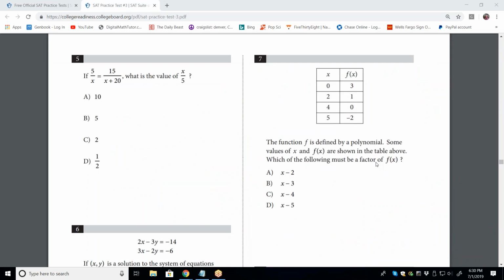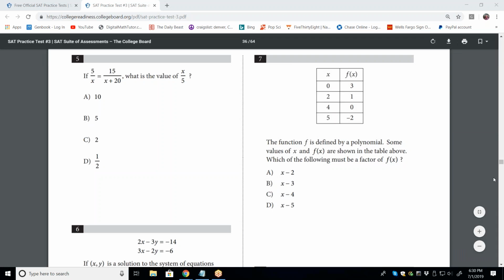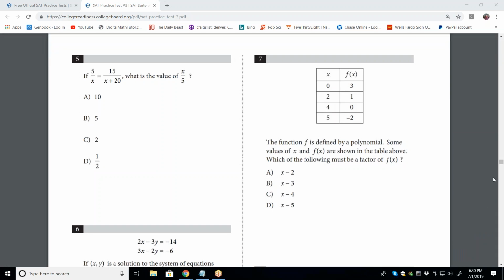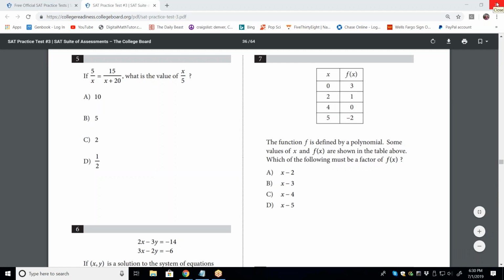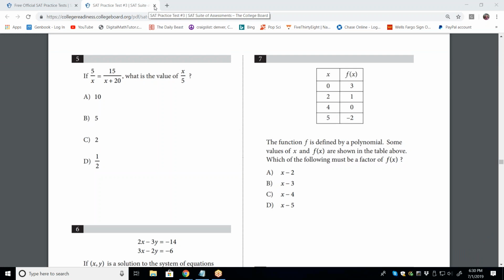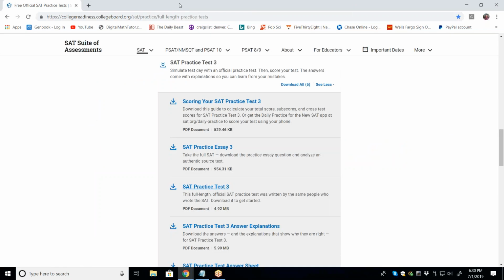All right, let's look at number 7. For a second, might have a different way of doing this. Let me try something, Brandon. Let's see, we're on number 7.